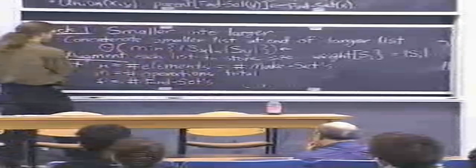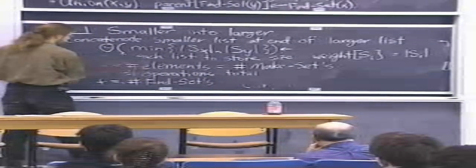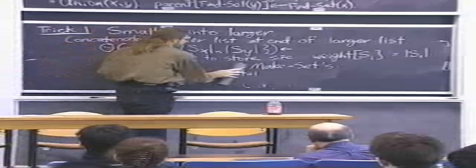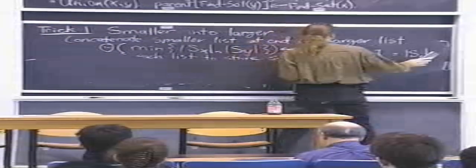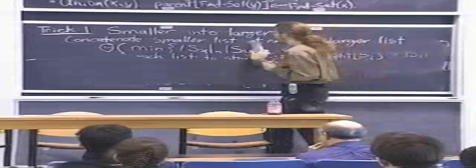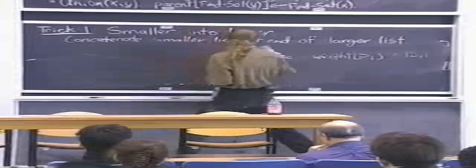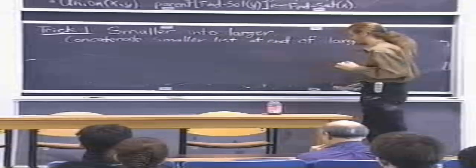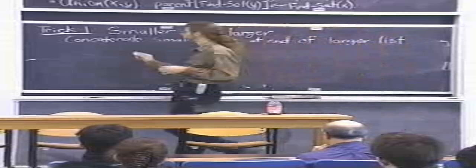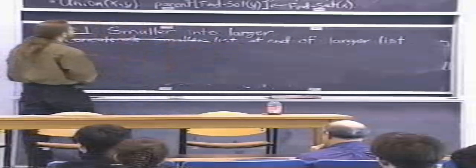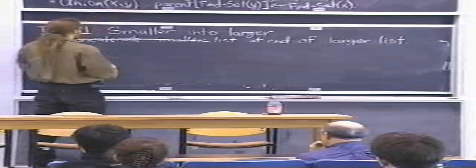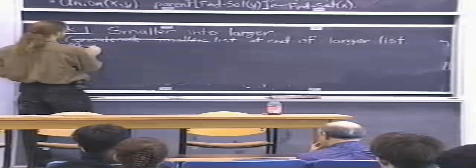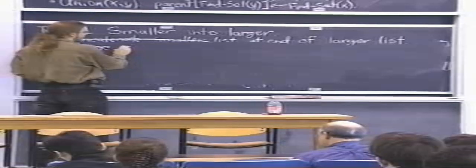Instead of concatenating the smaller list into the larger list, I'm going to do this sort of merge with the smaller tree.